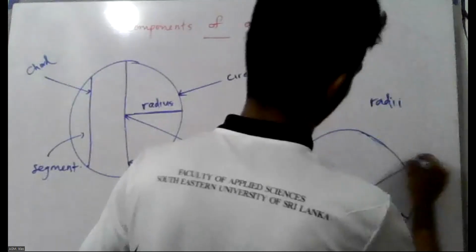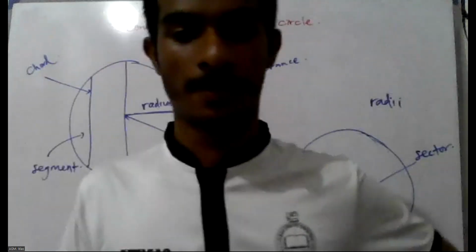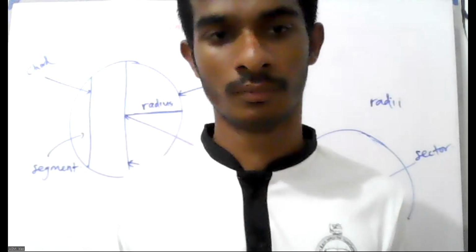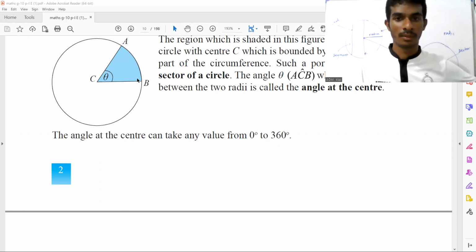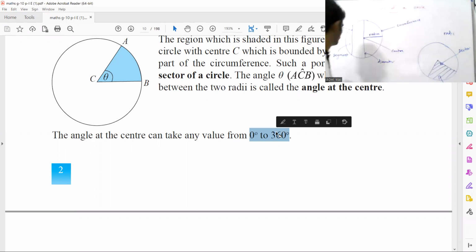This is a sector, the area bounded by the part of a circumference and two radii. So this angle ACB, denoted by theta, is called the angle at the center, and it can take a value from 0 to 360.